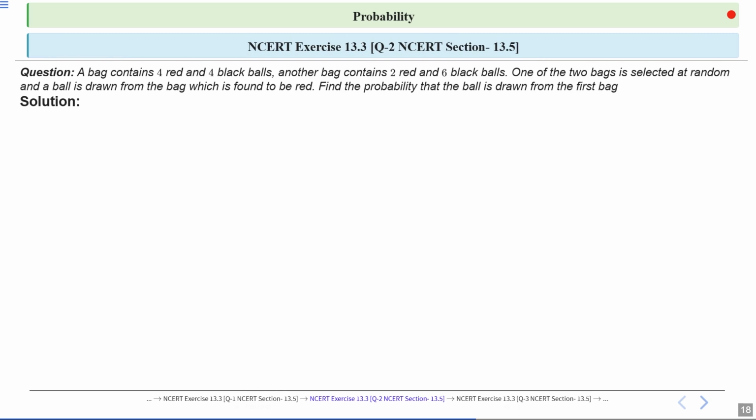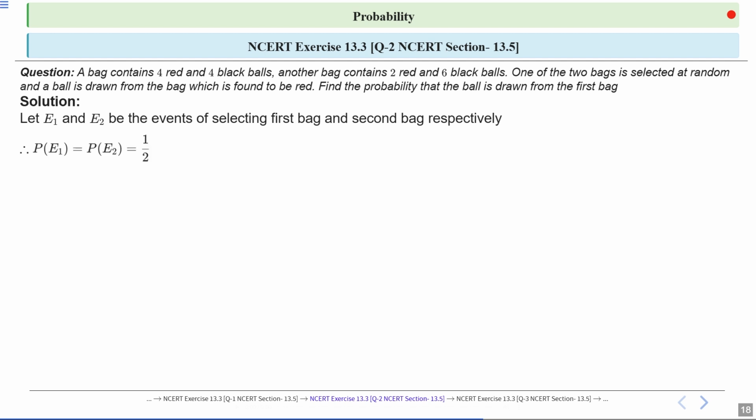So let's start the solution step by step. First, let E1 and E2 be the events of selecting the first bag and second bag respectively. Therefore, probability of E1 equals probability of E2 equals 1 by 2. Then let A be the event of getting a red ball.